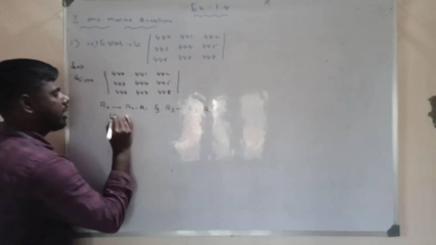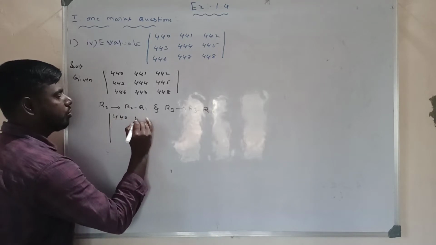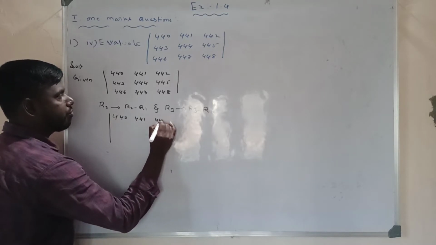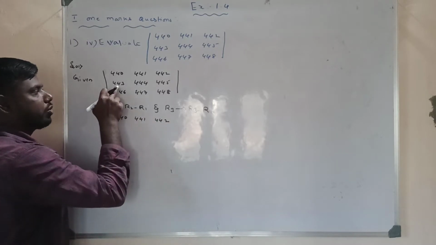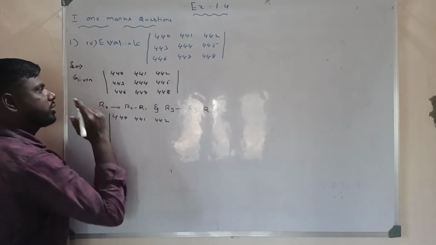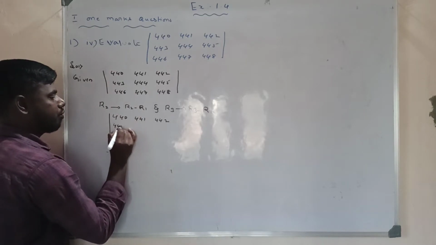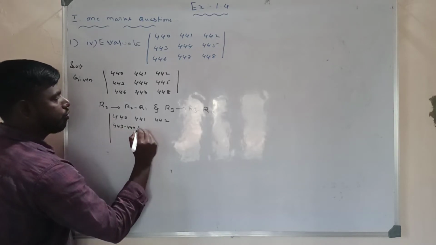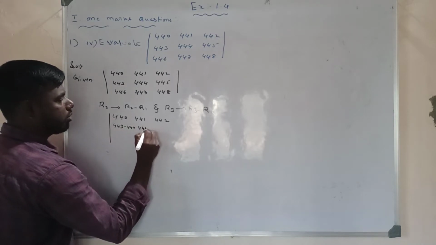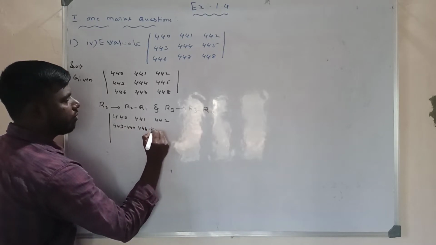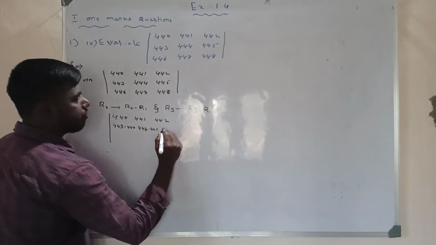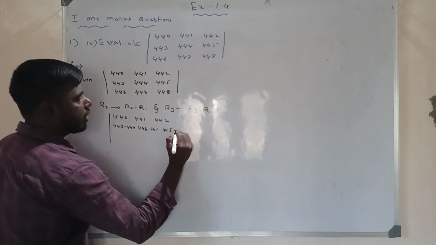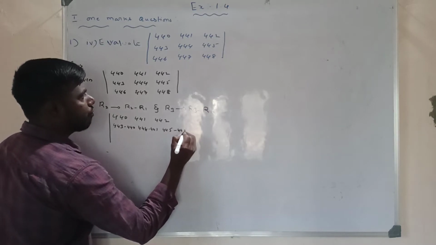So first we write 440, 441, 442. Now second row changes to second row minus first row: 443 minus 440, 444 minus 441, 445 minus 442.